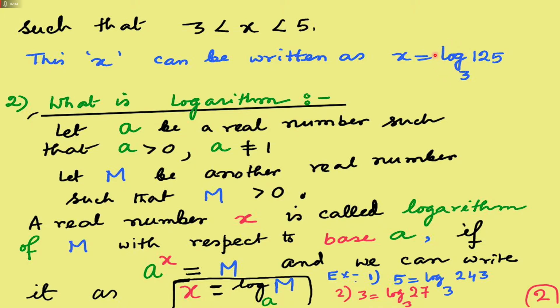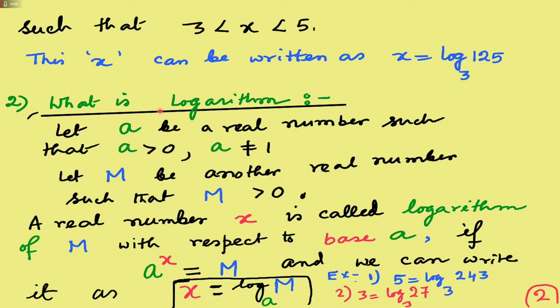This is the symbol of logarithm, log, small letter l o g, and the value of logarithm has two parts. One is the value, that means I am considering log of this number 125, and this is called the base of the logarithm.